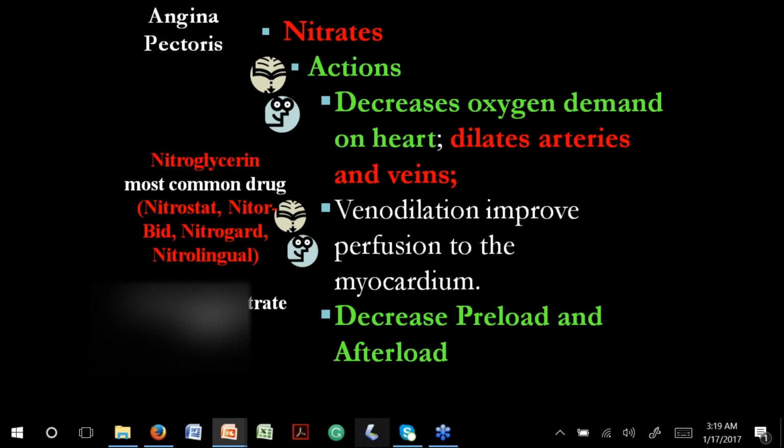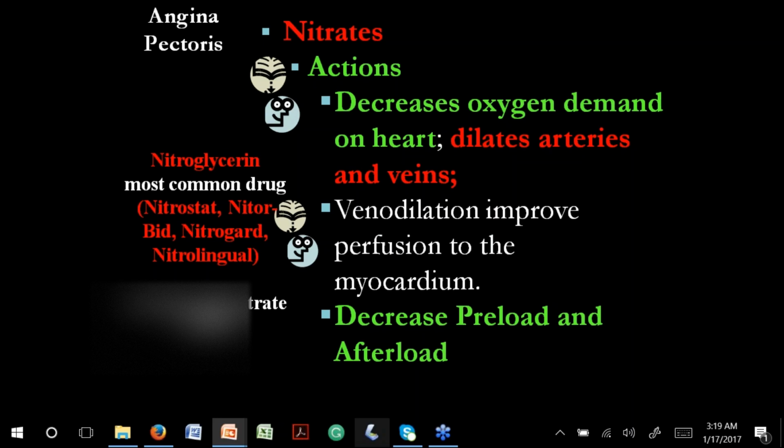All right, so nitrates. We have nitroglycerin. Nitroglycerin decreases oxygen demand. So that is going to decrease the preload. What is the preload? It is the venous return, all the blood that is coming from the IVC to drain into the right atrium.